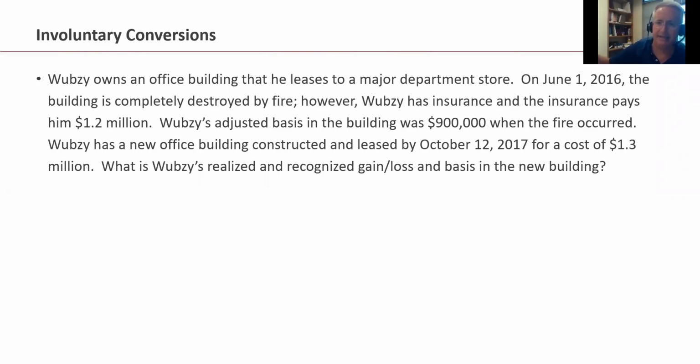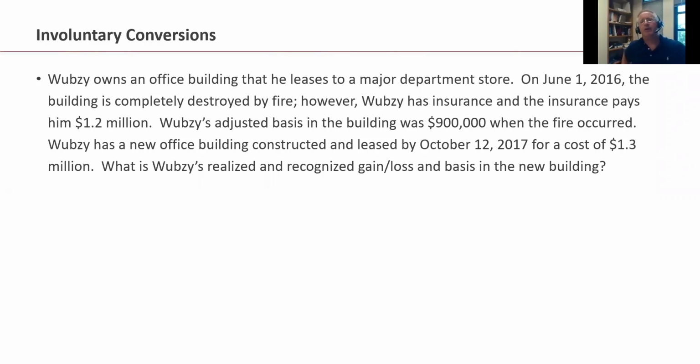He had a basis in it. It was destroyed by a fire, and the insurance company just gave him $1.2 million. His basis in the building was $900,000. Wubzy has a new office building that is constructed and leased at a cost of $1.3 million. What is Wubzy's realized and recognized gain or loss in the new building?